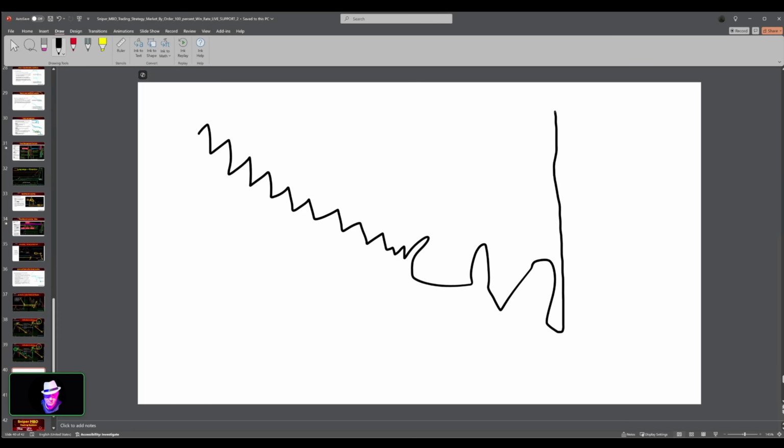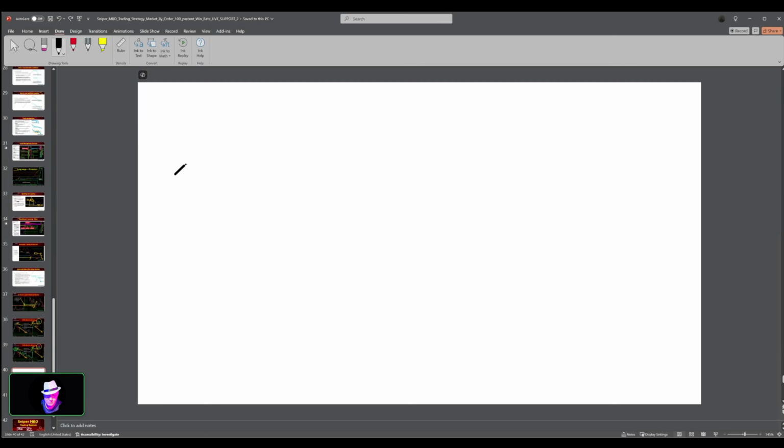You can call it impulse, you can call it extension, whatever, but it's going against the main trend. Crazy like this. Usually there are small candles over here. Let me make it more classic. It's gonna go teeny, and boom.